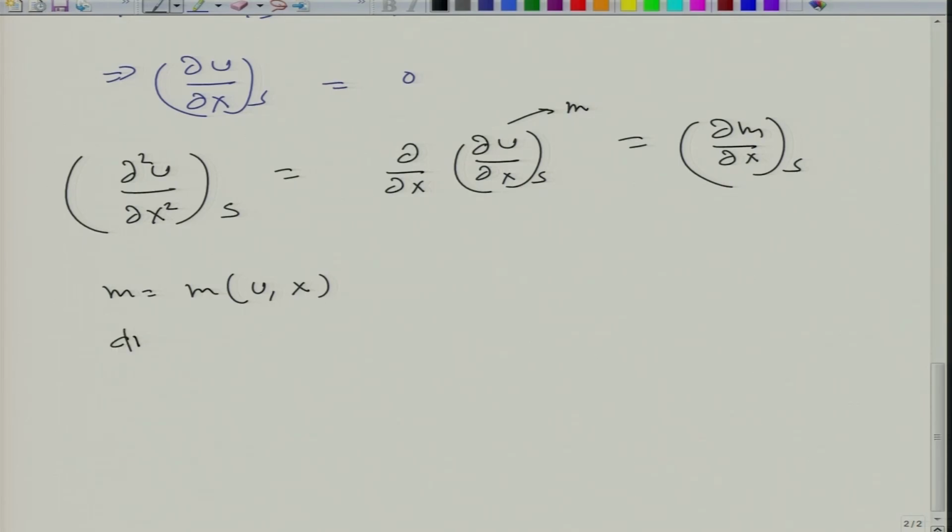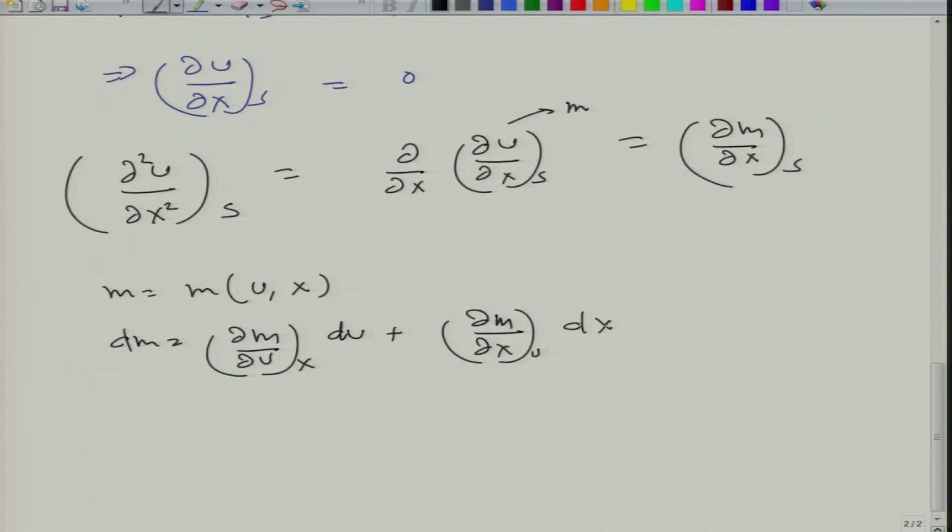Hence, I can write dM as del M by del U at constant x dU plus del M by del x at constant U dx. This is by simple differentiation. Now, since we want del M by del x, I differentiate this with respect to x, keeping S constant.